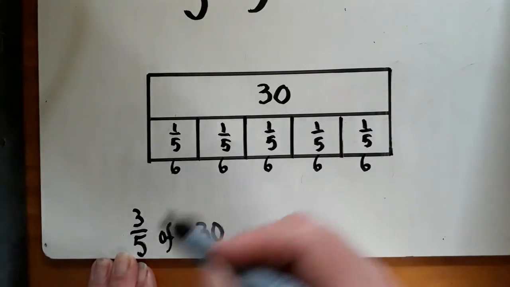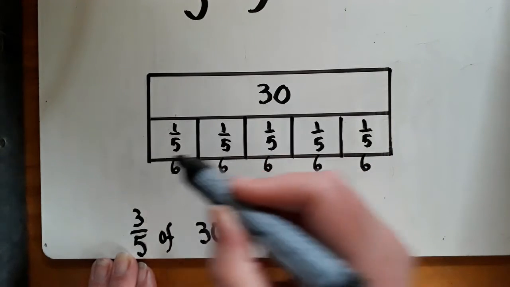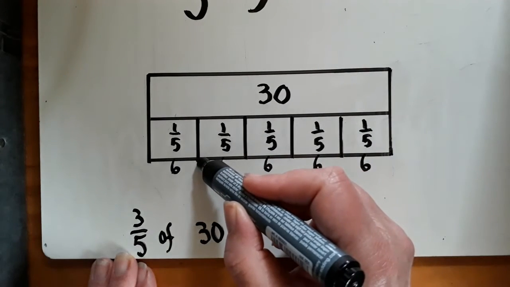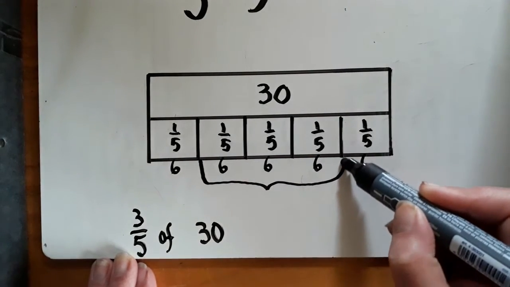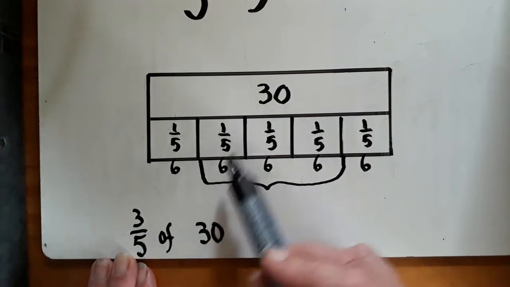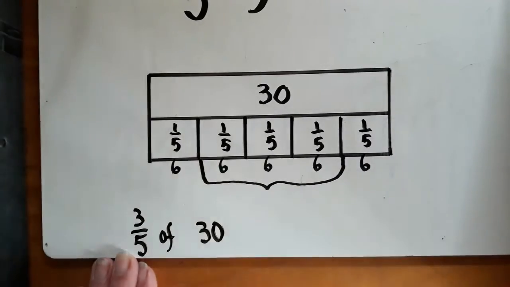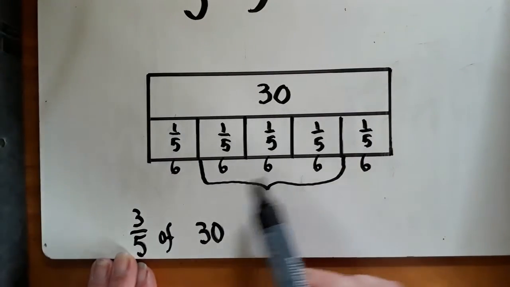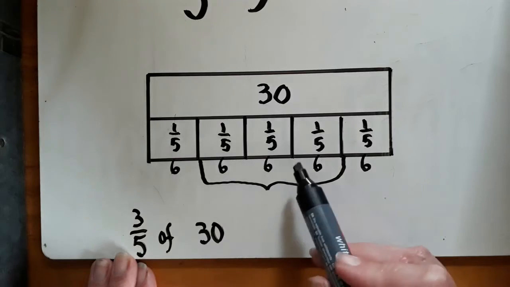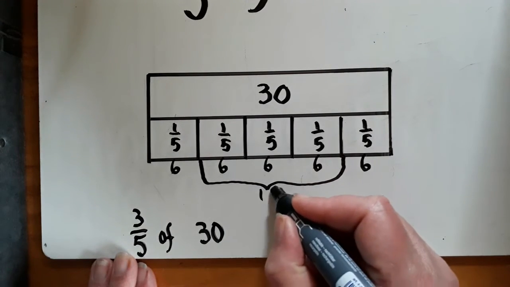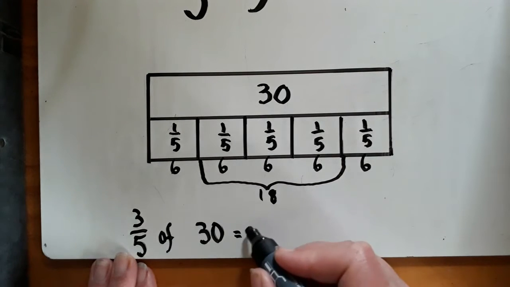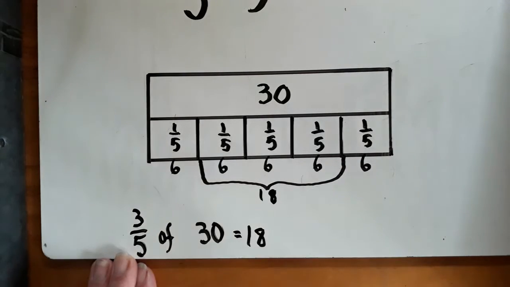So we would have this fifth, and this fifth, and this fifth. Each fifth is worth 6: 6, 12, 18. So 3/5 of 30 is 18.